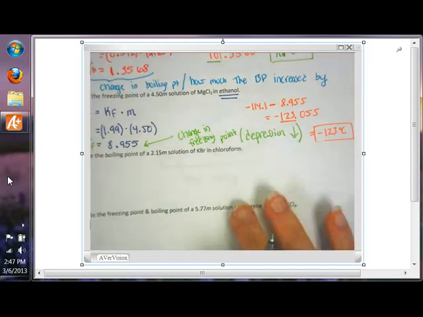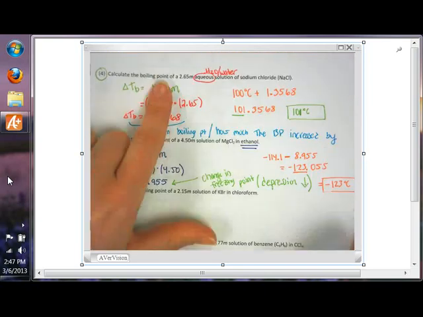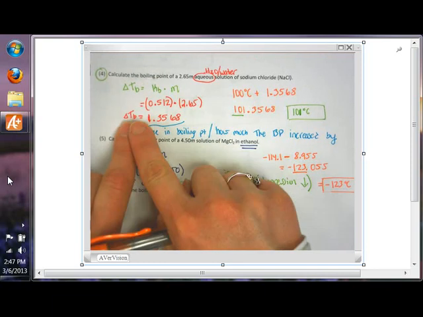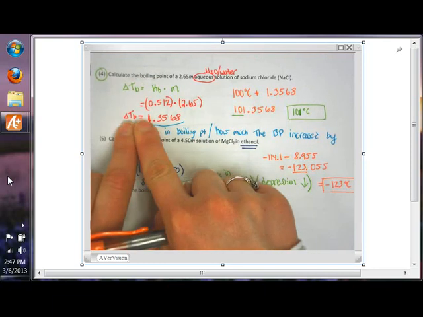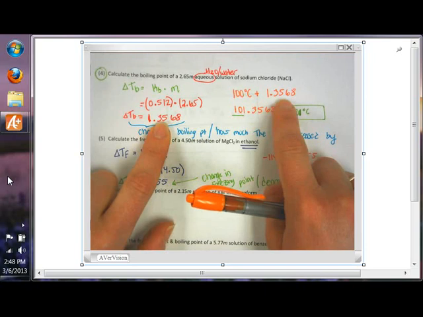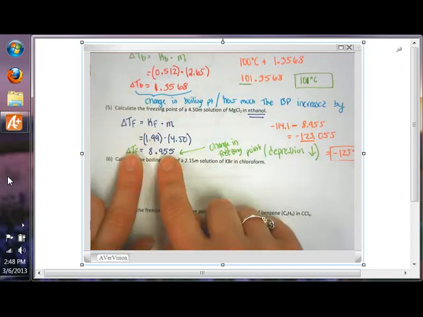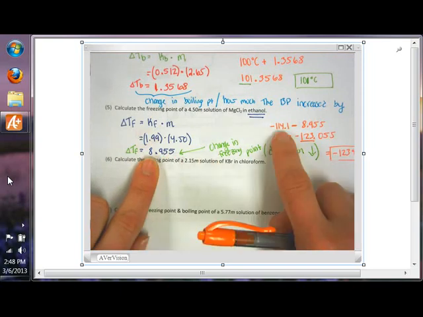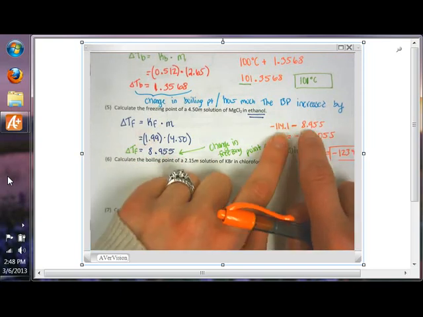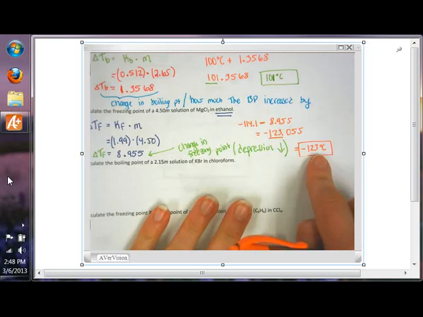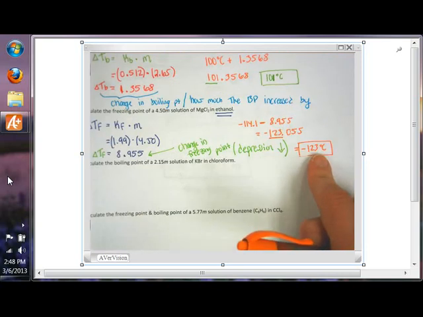So basically, for boiling points, you calculate the change, the delta, and then you add it to whatever the boiling point was. If it's freezing point, you calculate the change, then you take that change and you subtract it from whatever the freezing point was. Everything in this chapter is in degrees Celsius, so you just leave it in degrees Celsius.